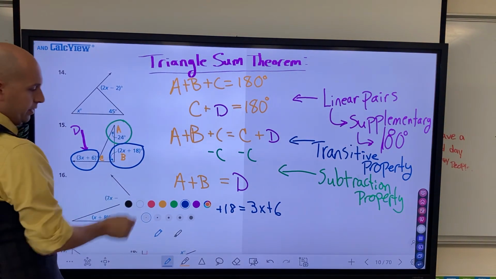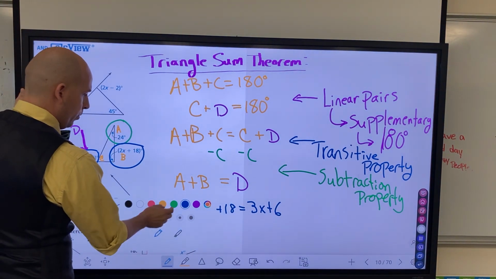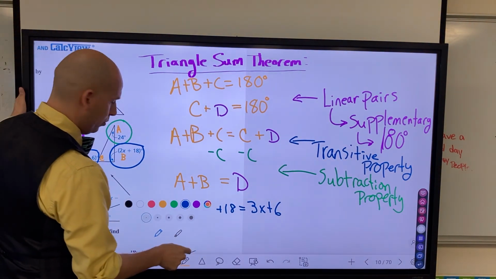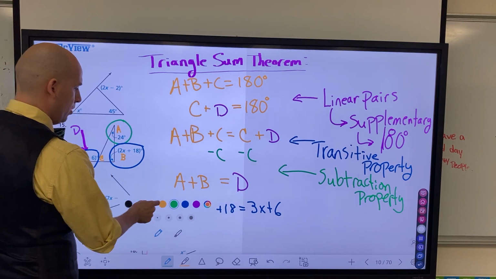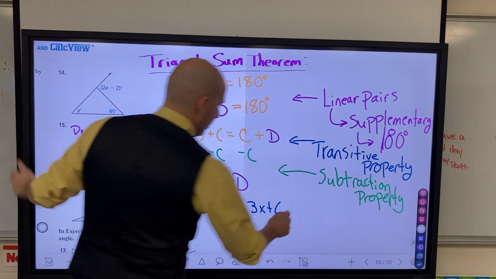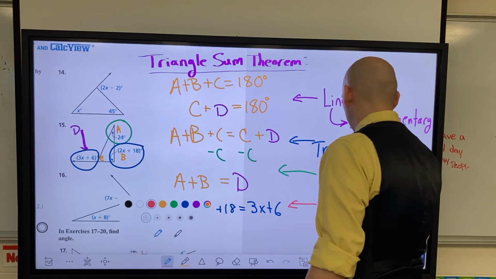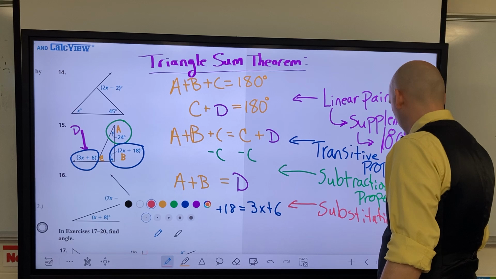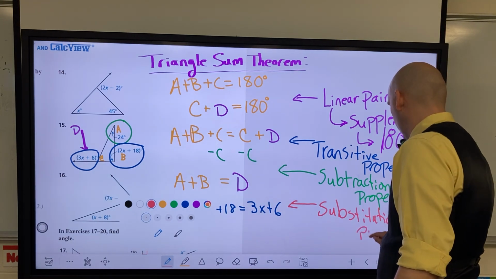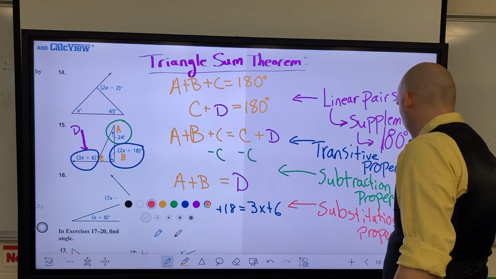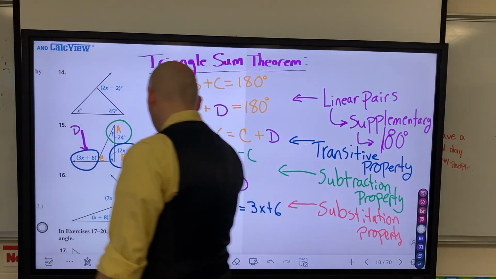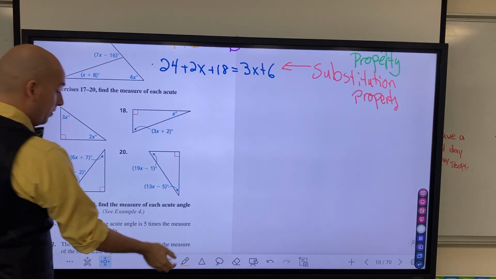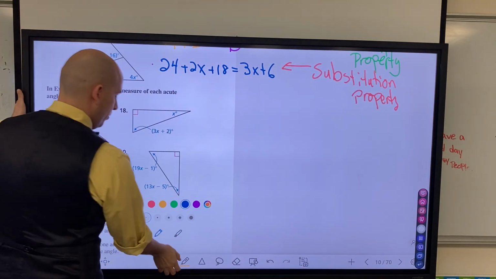Now I'm going to have to zoom up because I'm running out of room, okay? This is the substitution property. All right, so we're going to solve this, and the way you solve it is the same way you solve all equations.